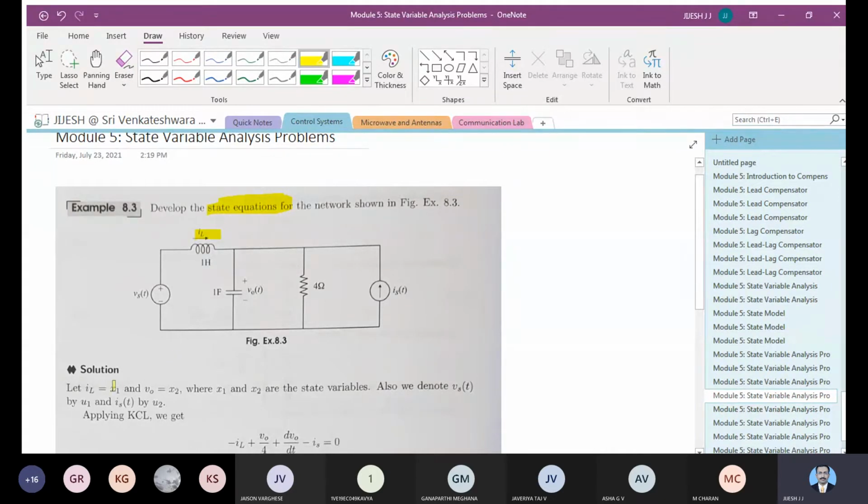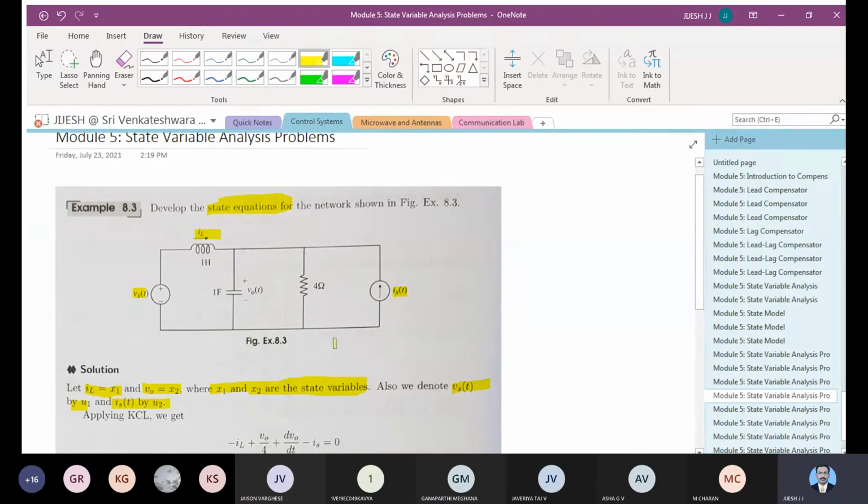IL can be taken as x1 and V0 is equal to x2, and x1 and x2 are called the state variables. Now we denote Vs of t as u1 and Is of t as u2. You can see that two input sources are there, one is Vs of t, another is Is of t, and both can be denoted as u1 and u2.